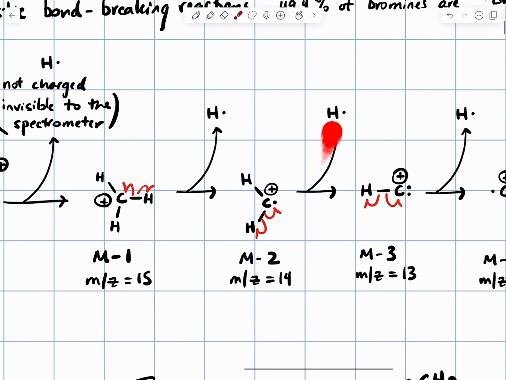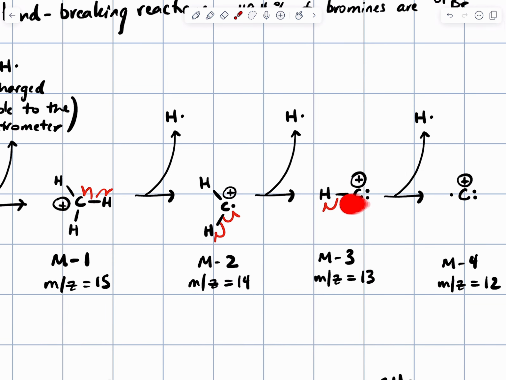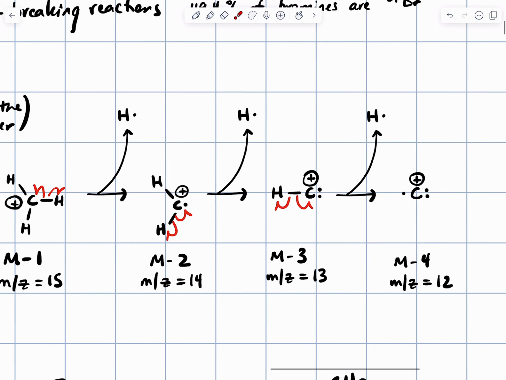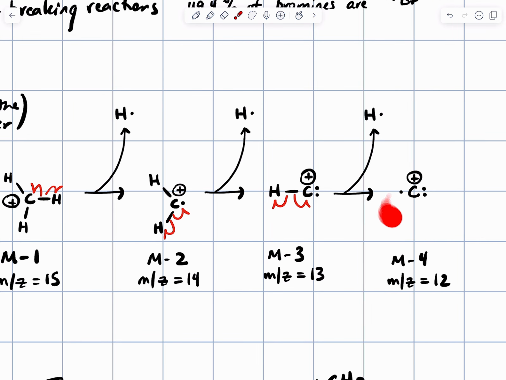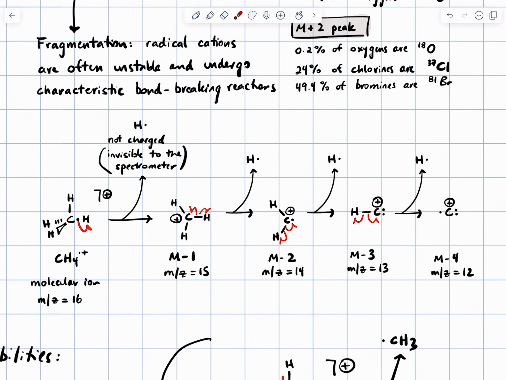If that one loses a hydrogen atom, you have this CH cation, and then if the CH cation loses a hydrogen, you have this. Now this is going to look strange, like you were not sure any of this could happen, and you're right, none of that happens in solution at all. This is high energy chemistry that happens in the gas phase, and it happens because you just shot your molecule with a beam of electrons and a bunch of stuff happened.